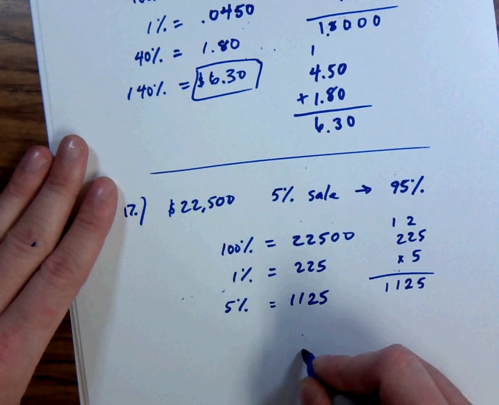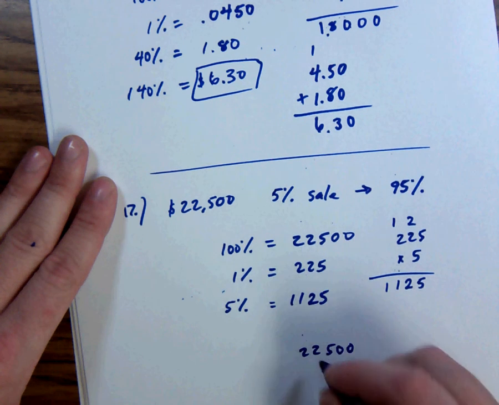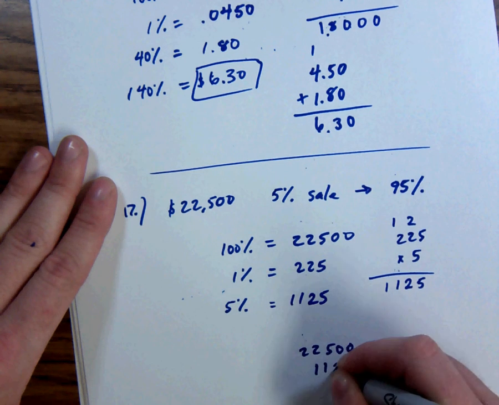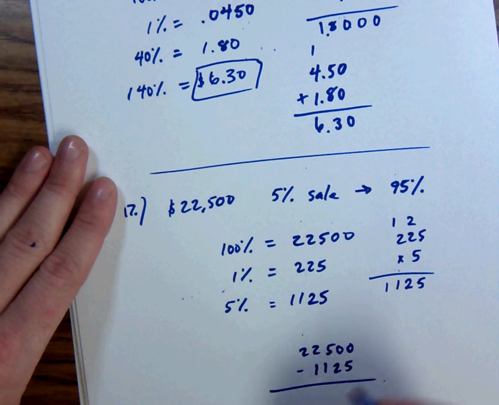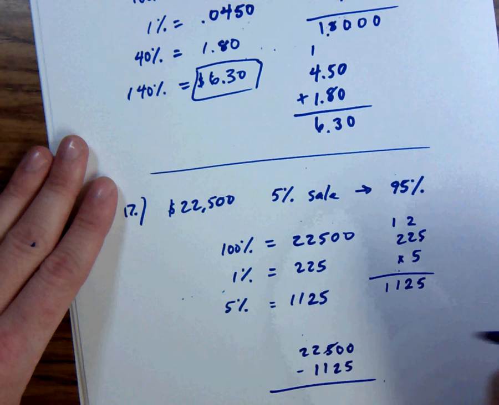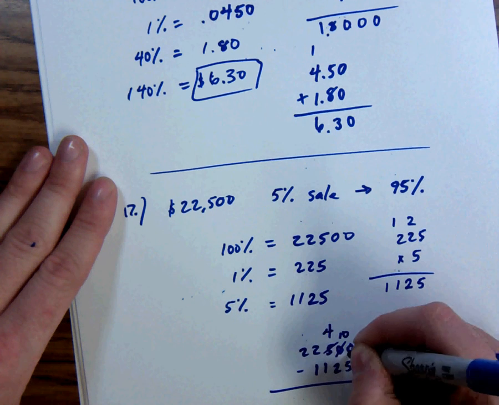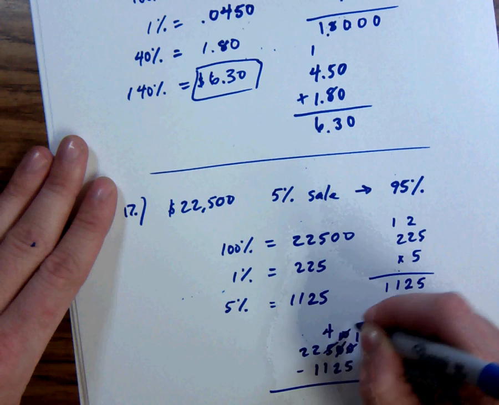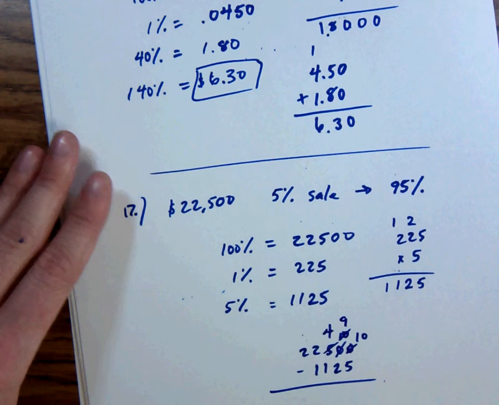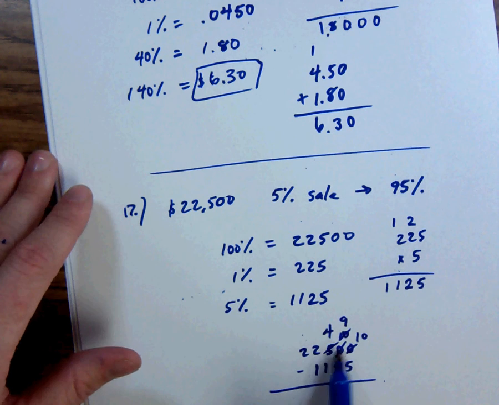So we'll say 22,500 minus 1125. So I gotta borrow quite a bit. That's going to become a 4, that's going to become a 10, but then I got to borrow over here to want that to become a 10, so this becomes a 9. So here we are, and hopefully you followed this little bit.